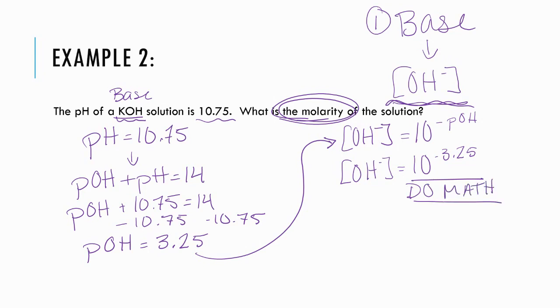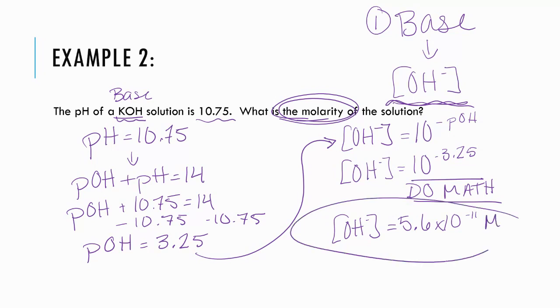You should not leave concentrations like that. You should get numbers in scientific notation that look a little bit cleaner than having a value in the exponent that's not a whole number. So when I type 10 to the negative 3.25 in my calculator, I get 5.6 times 10 to the negative 11th molar. And that would be my final answer.